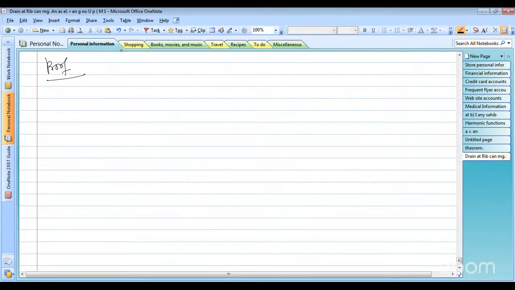First, we have two cosets. Two cosets of N are either equivalent or disjoint.